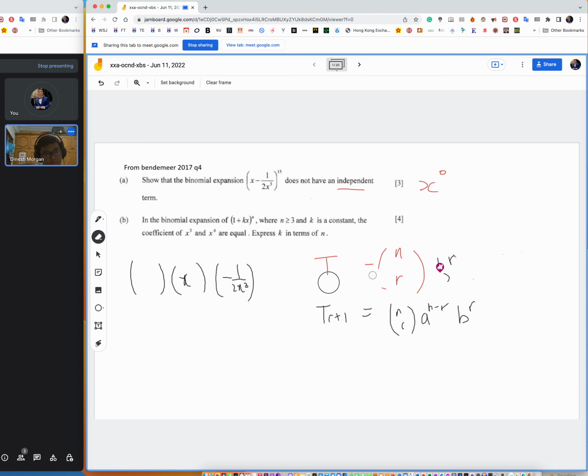Yes, you're right. Remember, you always have 3 terms. I mean, you always have 3 brackets, okay? If you ever get only just 2 of them, something is not right, unless you can prove that you can delete or somehow make that term disappear. If not, always start with 3 terms.